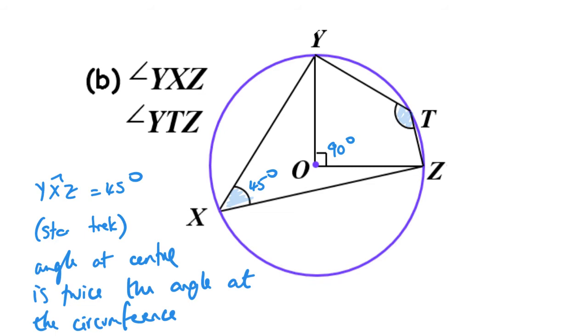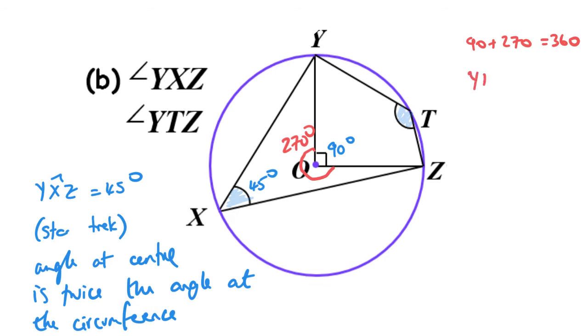For angle T, then, we can apply the same principle, only in the minor segment. So if we consider the reflex angle outside of O, it's going to be 270 degrees, because the angles at a point add to 360. So 90 plus 270 equals 360. And then the angle at the center is twice the angle at the circumference.